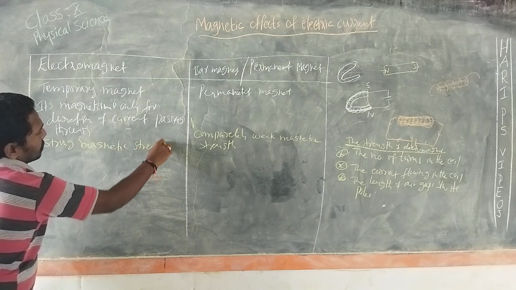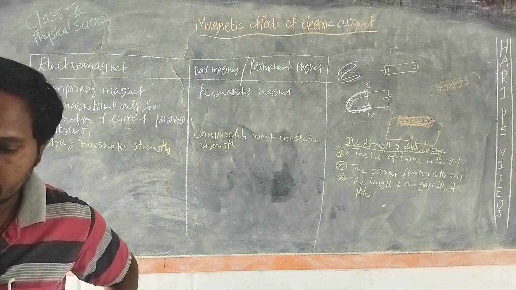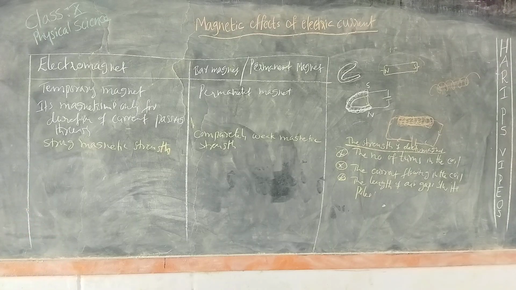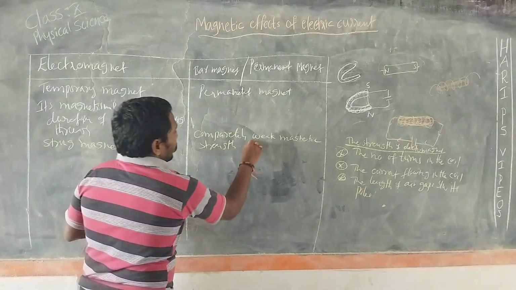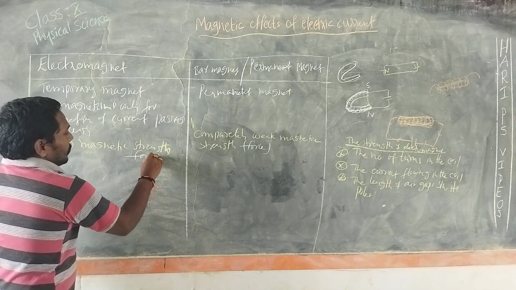It can produce very strong magnetic force, whereas a permanent magnet produces comparatively less magnetic force.